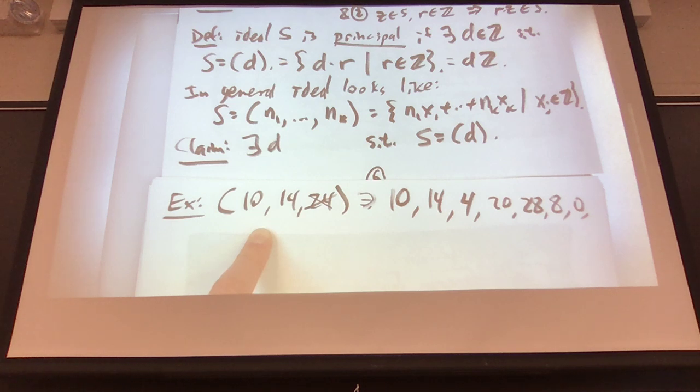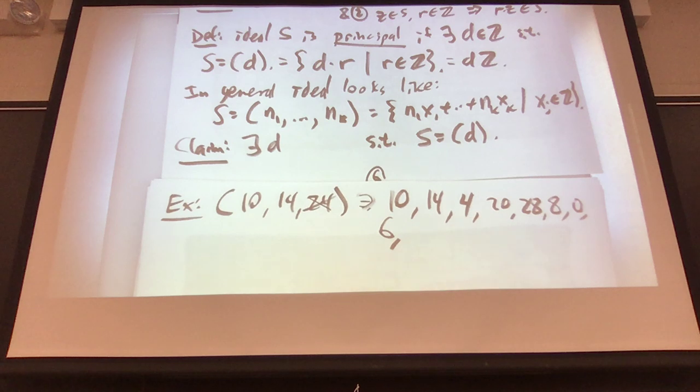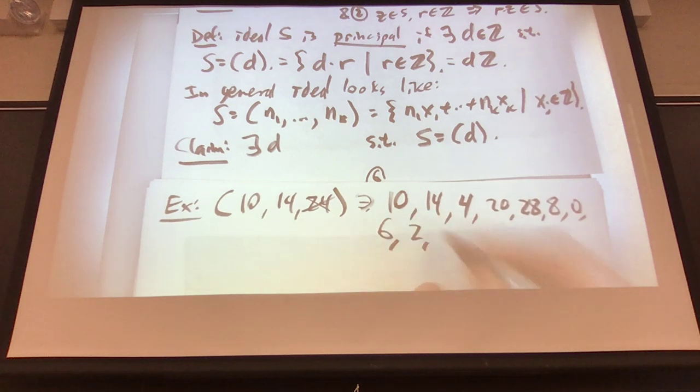Well, we get 6: 20 minus 14 is 6. 10 minus 4 is also 6. Yep, so we get 6. 30 minus 28 gets us 2. 28 minus 10 is 18. Yep.